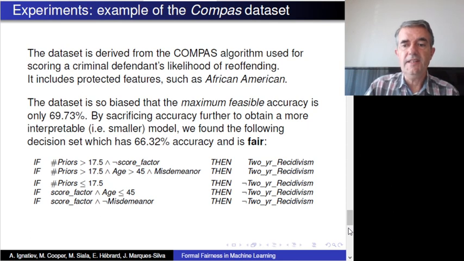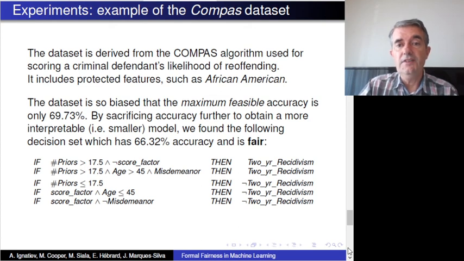So in a particular example, in our experiments, we derived a simple model from the Compas dataset. This dataset is derived from the Compas algorithm used for scoring a criminal defendant's likelihood of reoffending. It includes many protected features concerning race or gender.